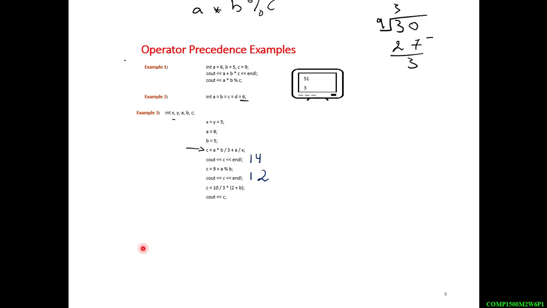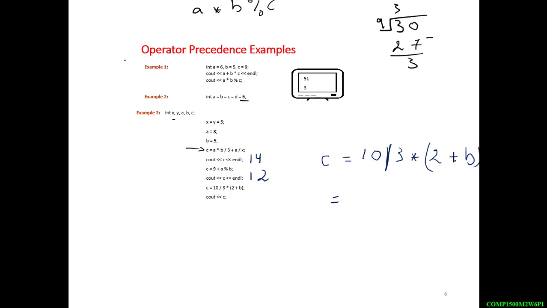So first of all, highest precedence is whatever is between the brackets. So it is 2 plus 5, which is the highest precedence. Then we have the 10 over 3 multiplied by this number. So we have 10 divided by 3 multiplied by 7.